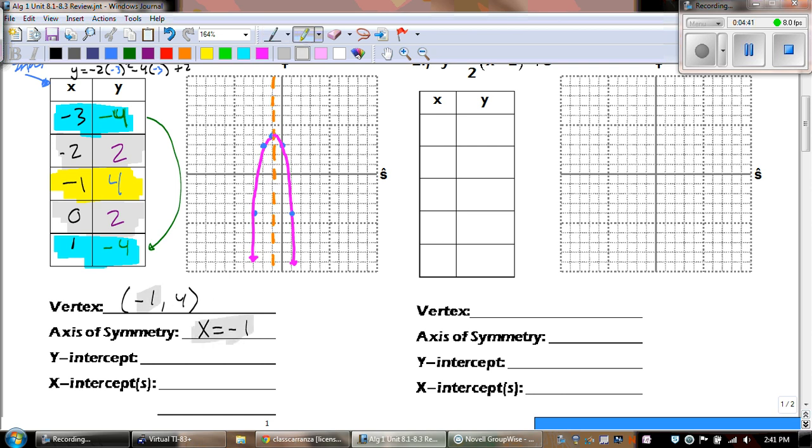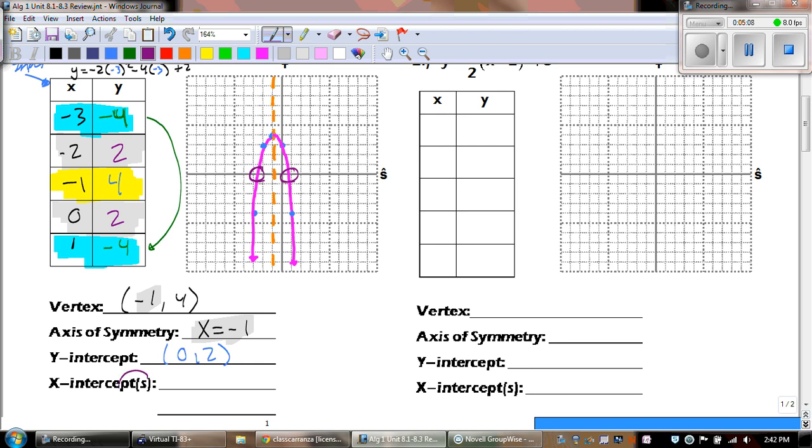Okay? Our y-intercept is where it crosses the y-axis, and it crosses the y-axis right there, which is the point 0, 2.